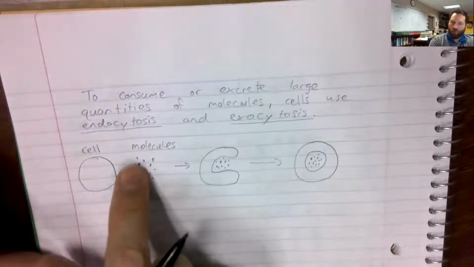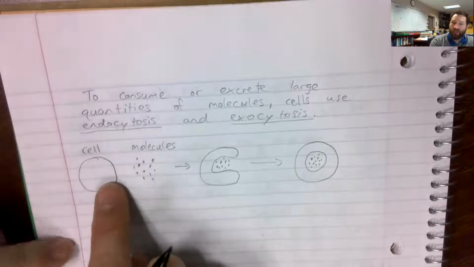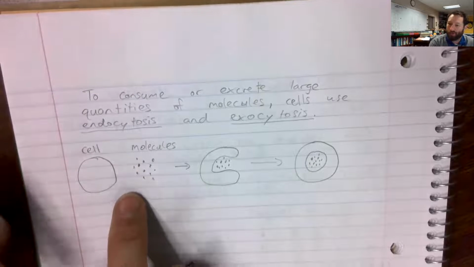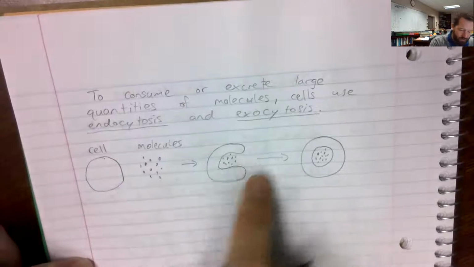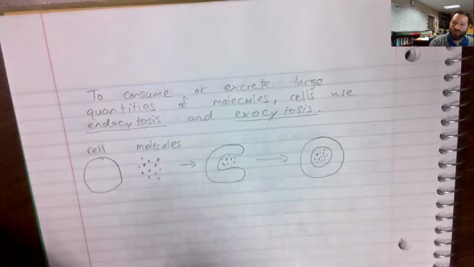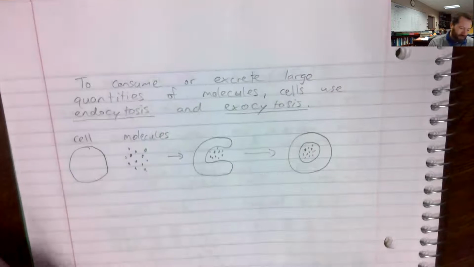And so what happens, you have a whole bunch of large particles here. The cell doesn't want to take the time to bring them in one at a time through a protein. So it just surrounds them and engulfs them like that, and puts them into what we call a vesicle. We'll get to that later.